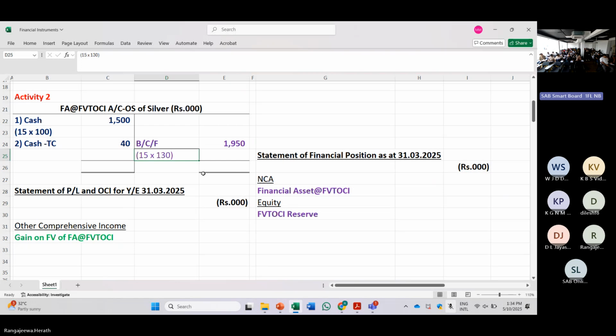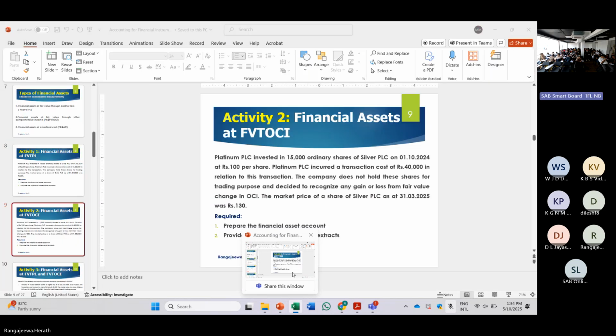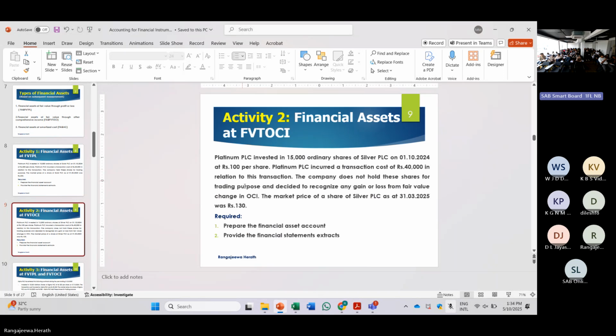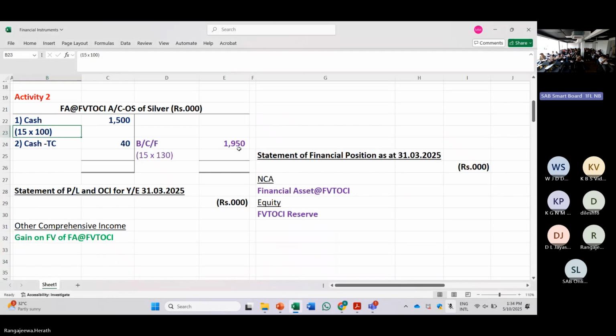The fair value of what was bought at 100 has become 130 now. Right? 15,000 shares bought at 100 each, 1,500. Now we are told the market price of a share of Silver is 130. What was bought at 100 has become 130, 15 into 130, 1,950.